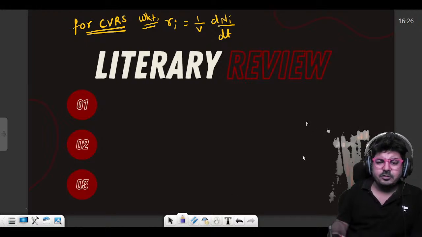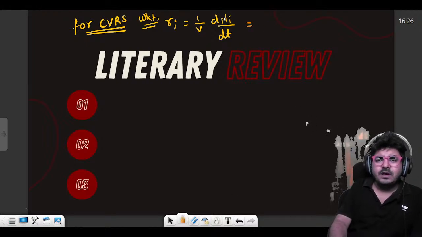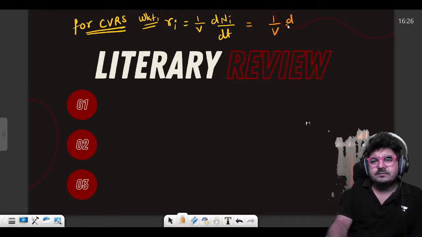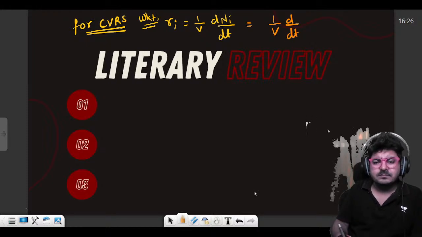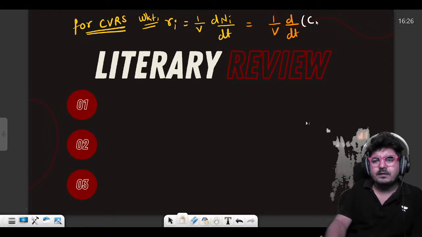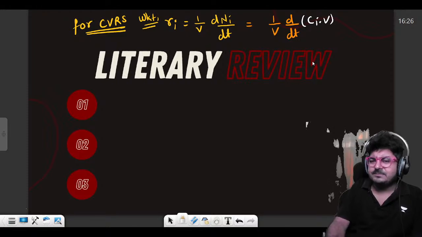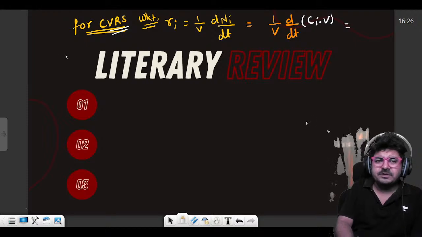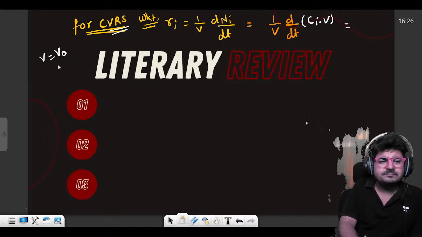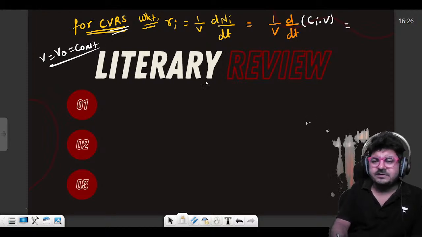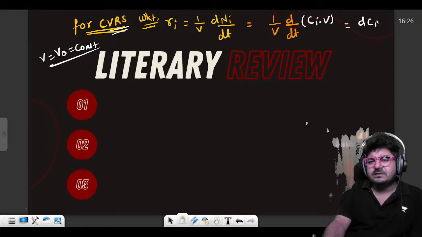So here, if you look, Ni can be written as Ci into V as per the definition. And since V is the volume of reaction mixture which is constant for CVRS, V will come outside the differential term and we will be left with dCi over dt.